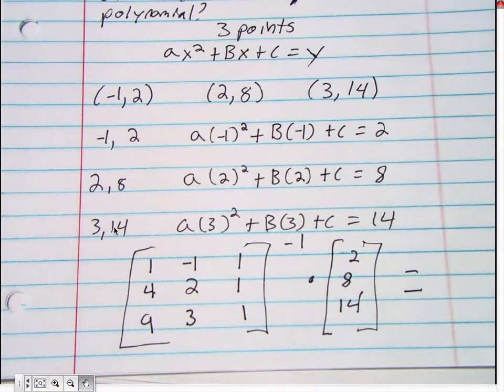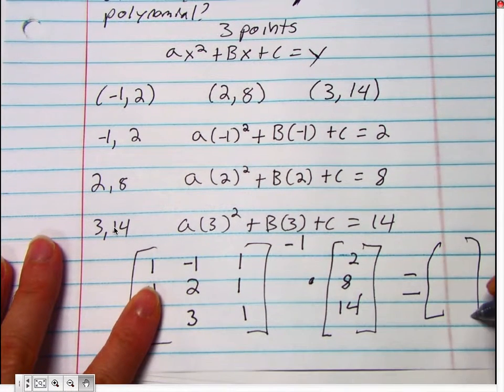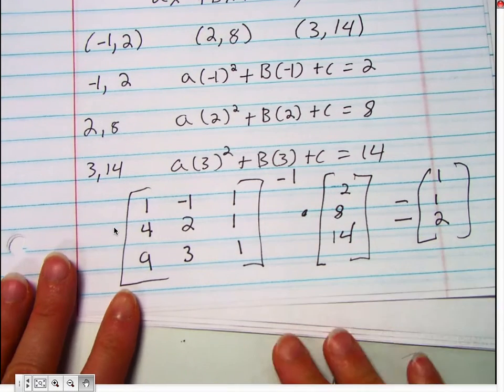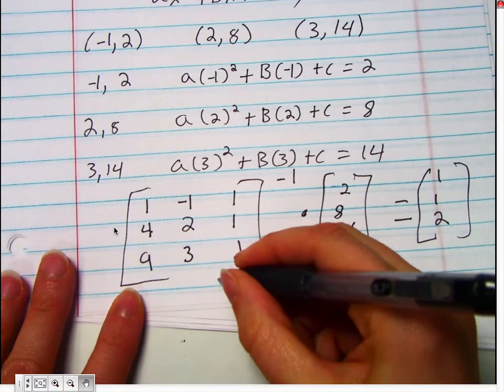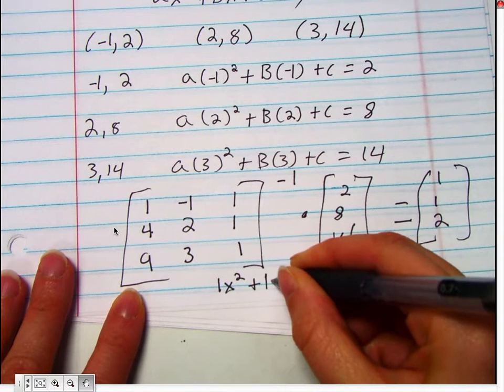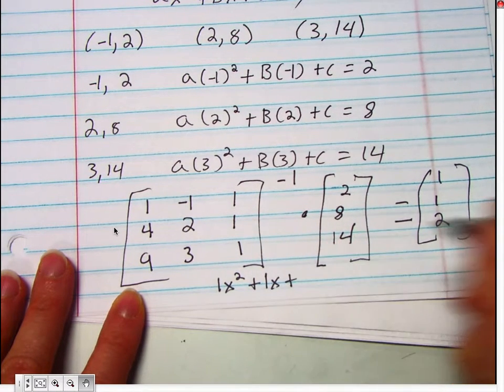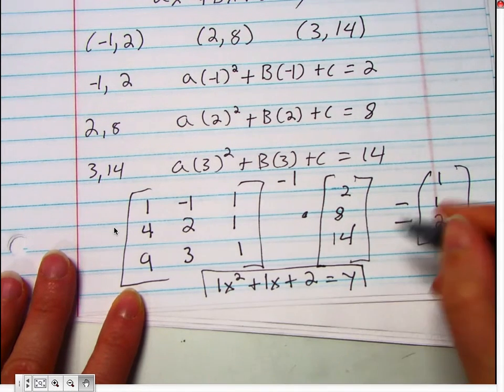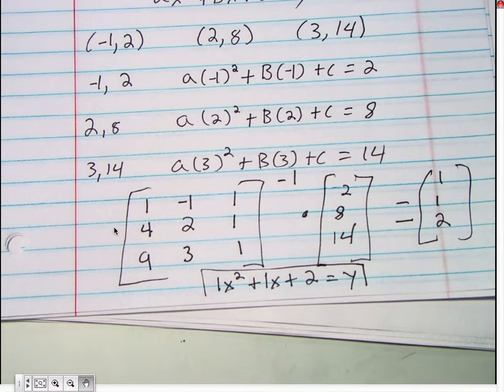I get my answer as 1, 1, 2. That means it's 1x squared plus 1x plus 2 equals y. It's giving me my equation. What do we think? Easy.